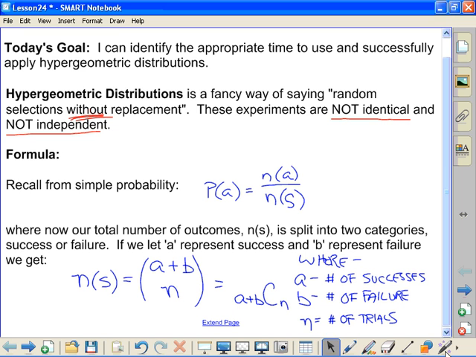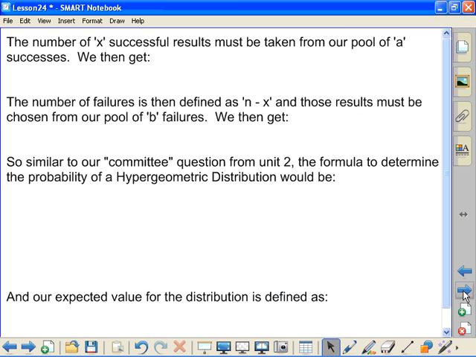So now we have the denominator figured out. So we know what the denominator of the hypergeometric formula is going to look like. Okay, so the x successful results have to be taken out of pool A. So pool A is all the successful possible outcomes. So we're going to look at part of the numerator to look like this.